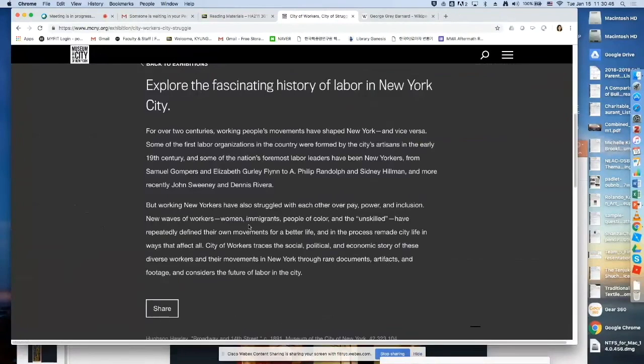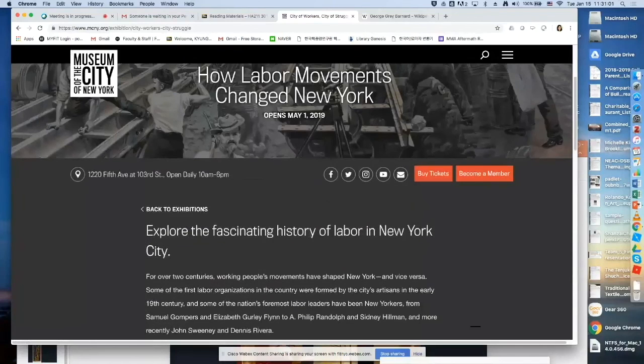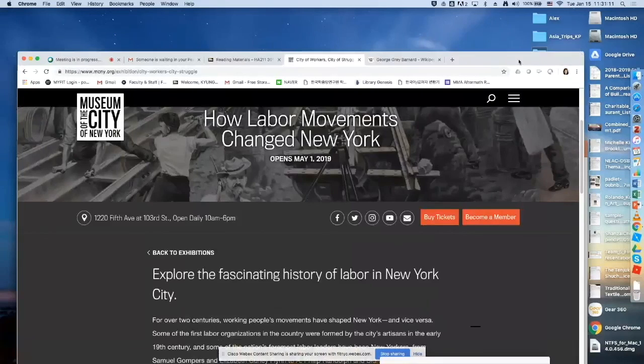Immigrants, women, people of color, and the unskilled, new waves of workers. We are going to eventually discuss these issues of new waves of workers later in our faculty seminar. So this is an interesting exhibition that we may consider visiting together, right? After the semester is over, we can go sometime in May. So that's one thing.